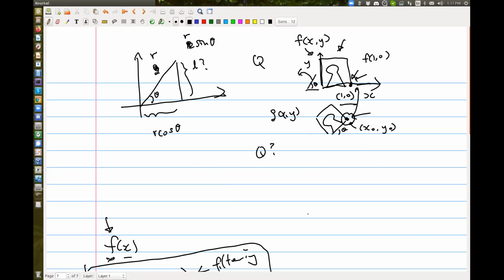That is, what is (x0, y0) such that g(x0, y0) is equal to f(1, 0), where g is the image rotated by theta degrees of this one? What will be the coordinate here?